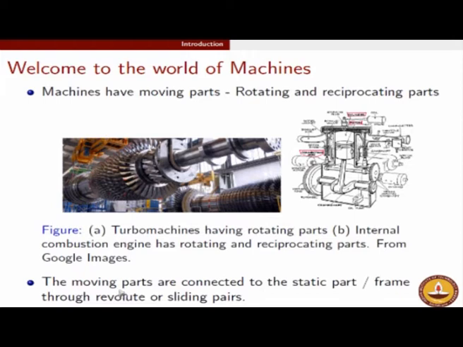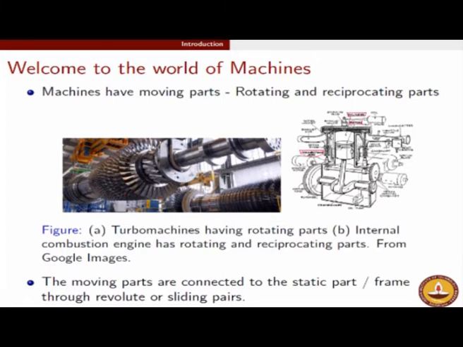So it is very important to understand that the moving parts are not hanging in thin air, but are connected to some part which is not moving, which is the static part, and that part in the generalized sense is defined as the frame, and each moving part is connected to another part by some revolute or sliding pairs.